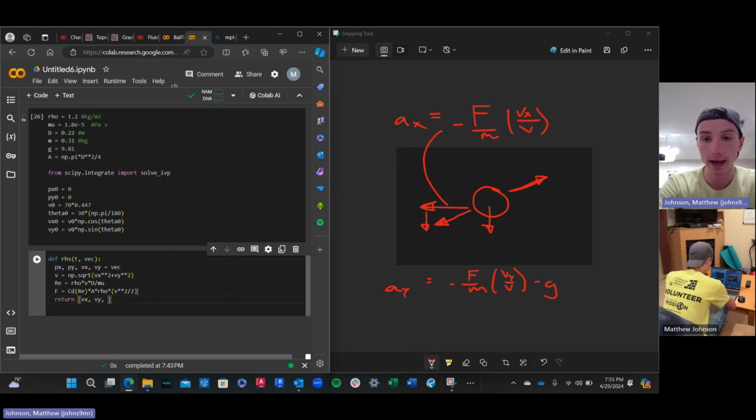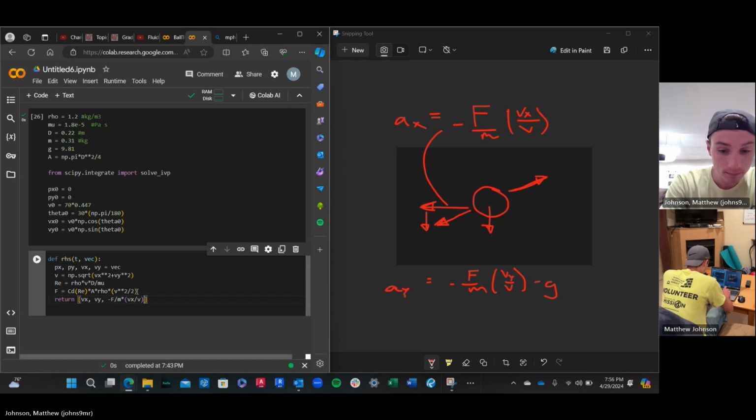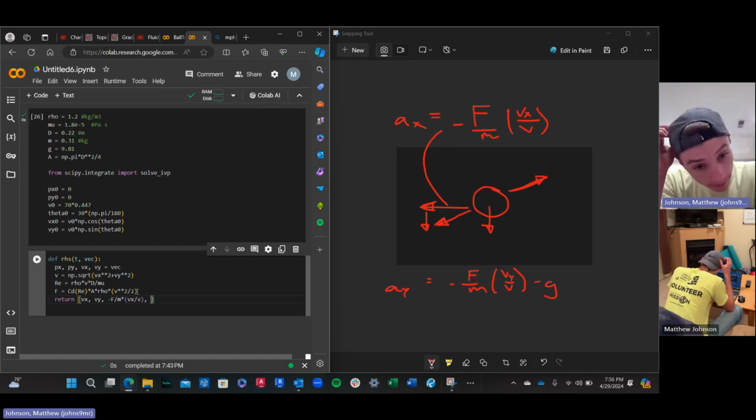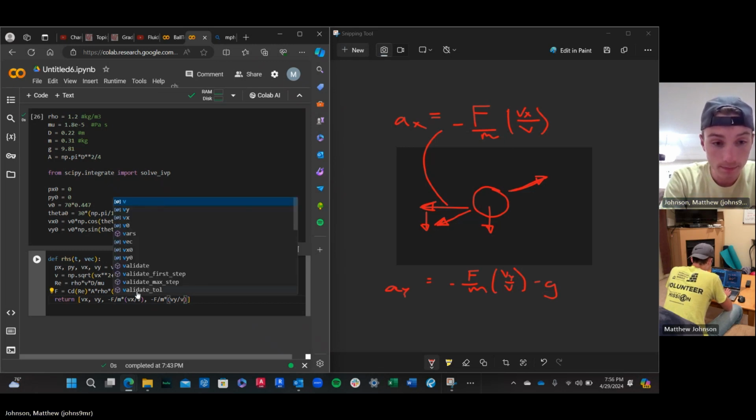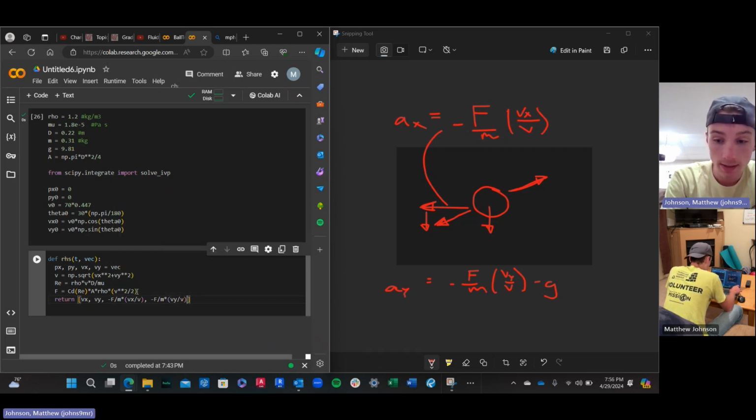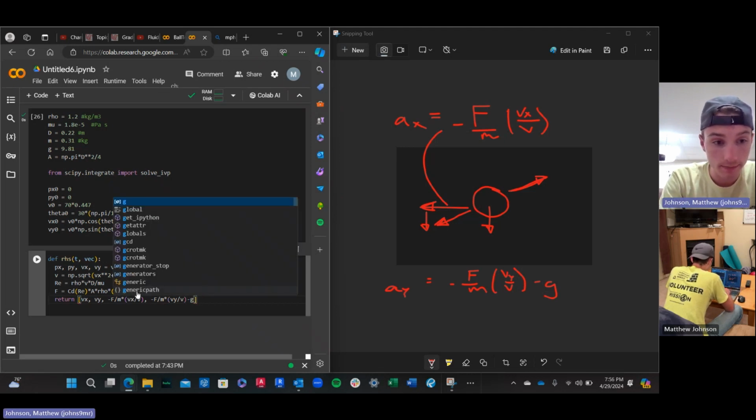So Vx first, we have negative F over m times Vx over V, and then we have negative F over m times Vy over V, right? And then minus G.